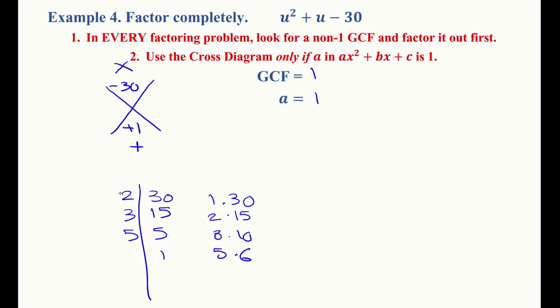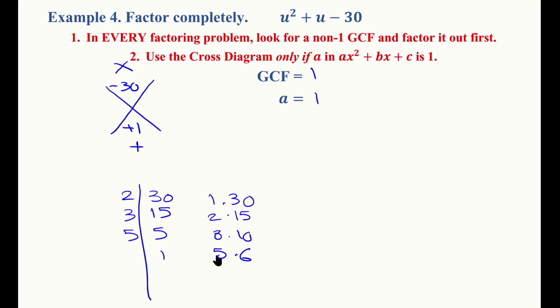Right? So basically we need to find two numbers whose product is negative 30, and they should be pretty close to each other, because when we add them we want to get 1. And also notice the negative will enable us to play with the signs a little. So if you notice here, the only two factors that are within 1 of each other are 5 and 6.